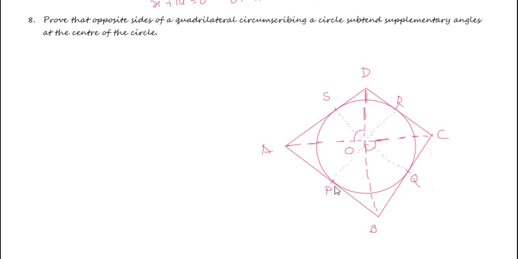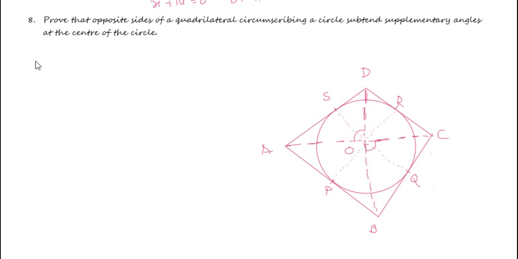Last problem. Prove that opposite sides of a quadrilateral circumscribing a circle subtend supplementary angles at the center of the circle. Now this is side AB, DC. AB subtends angle AOB at center and DC subtends angle COD at the center.